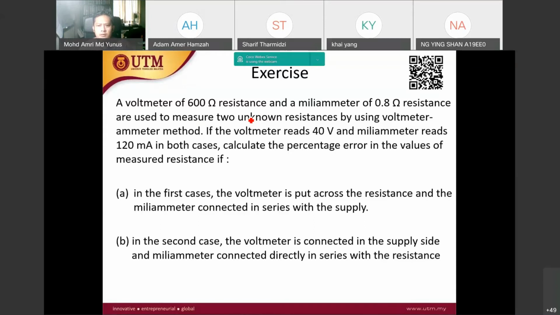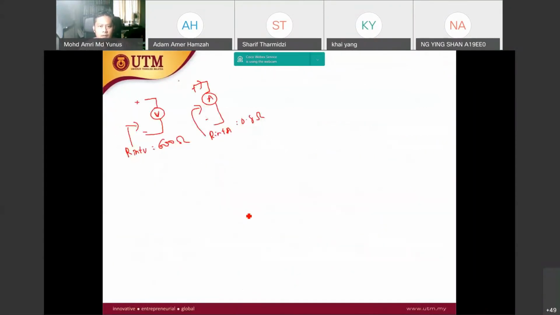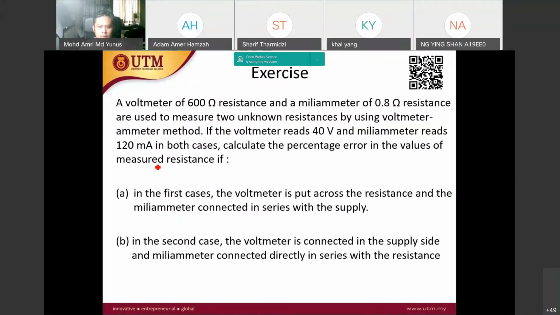In both cases, two unknown resistances, Rx. Okay. In the first case, the voltmeter is put across the resistor and the ammeter is connected in series with the supply. So in the first case, the voltmeter is across the resistance and the ammeter is connected in series with the supply.